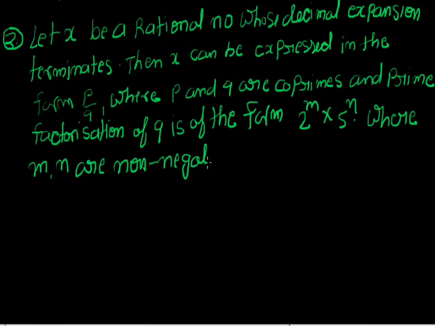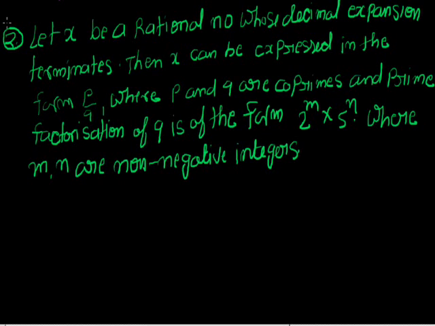So if the decimal expansion of this number terminates, the prime factorization of q must be of the form 2 and 5. Then only the decimal expansion terminates; otherwise, it does not terminate.